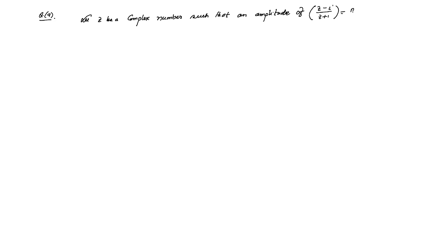Question number 9. The question is: let Z be a complex number such that the amplitude of (Z minus i) by (Z plus 1) is equal to pi by 4.